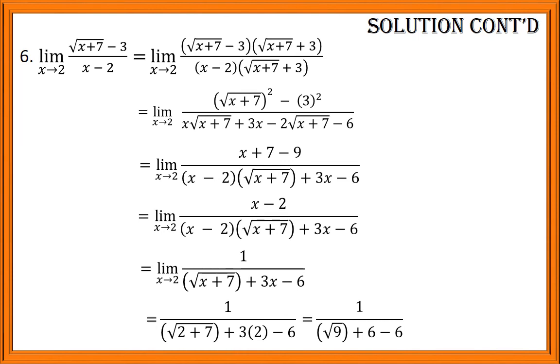Square root of 9 gives us 3. 6 minus 6 gives us 0. So we'll now have 1 over 3. That is, the limit of square root of x plus 7 minus 3 all over x minus 2 as x approaches positive 2 will be equal to 1 over 3.